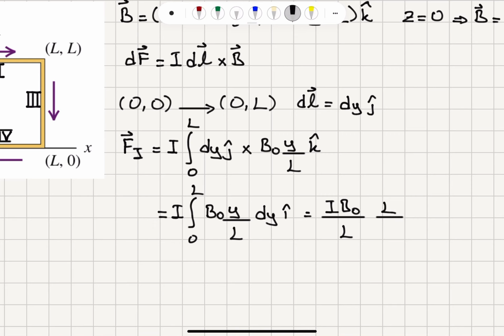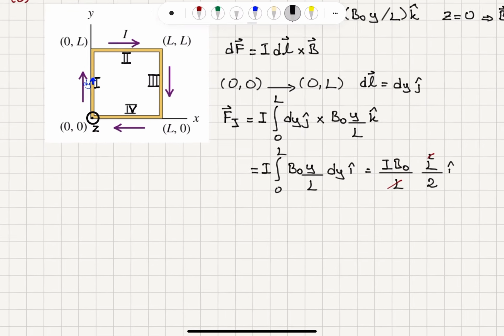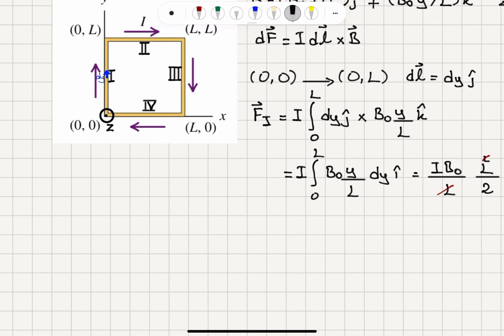This is going to be L squared over 2 in the i hat direction. So one of these L's will disappear, and I will find the force on the first segment, F1, to be I B0 L over 2 in the i hat direction.